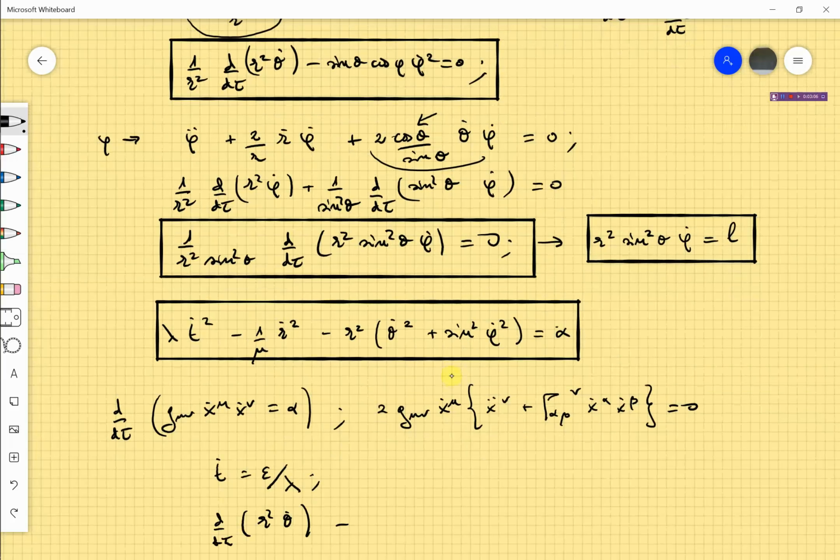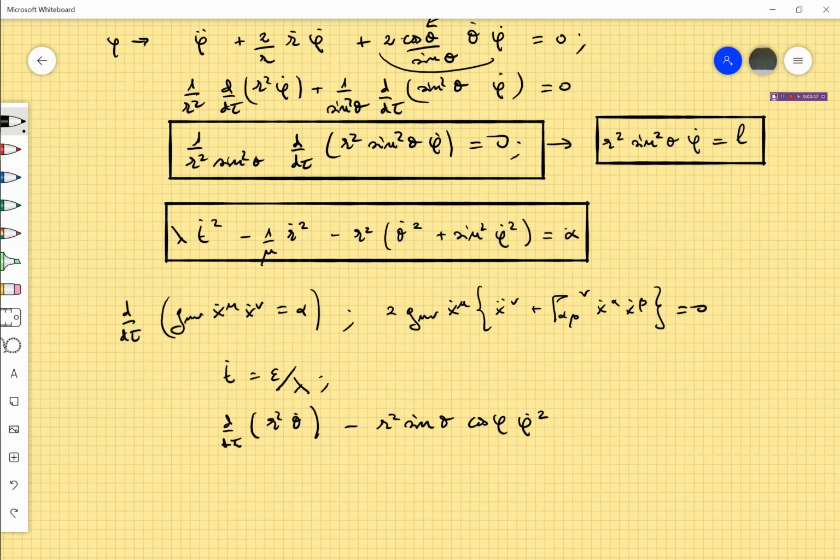So I have minus r squared sine theta cos phi dot squared.